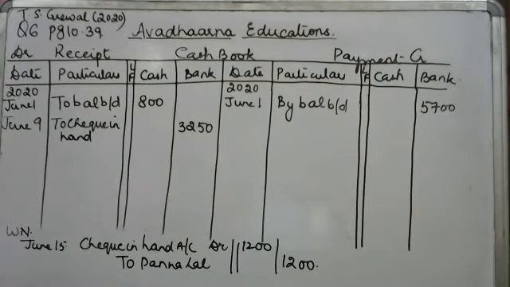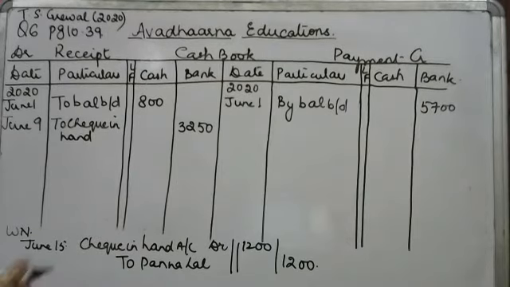next transaction is on June 20th, Bharti's check returned dishonored. Now Bharti's check has returned dishonored. That means Bharti will again become my debtor. Fine. And the discount which was allowed to him, it will be taken back.